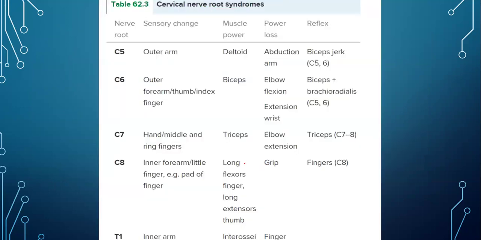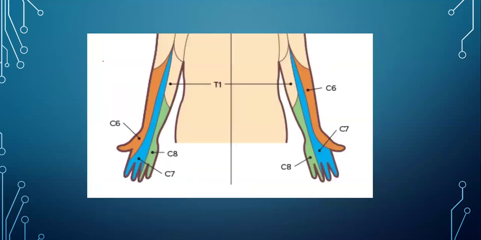For neck pain, it is a good idea to know the dermatome of the upper limb. So if you look over here, this is the dermatome. So this nerve C5 to T1, this comes from the brachial plexus of the neck, right? So each of these nerves supplies a specific part of our upper arm. So C5 supplies the deltoid muscle.